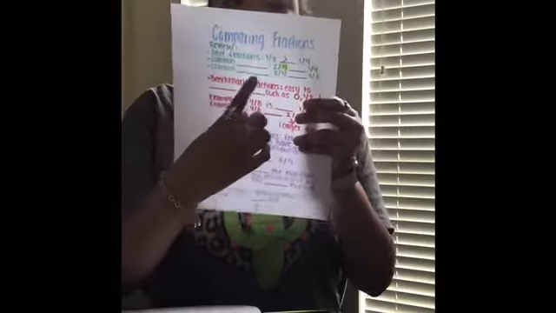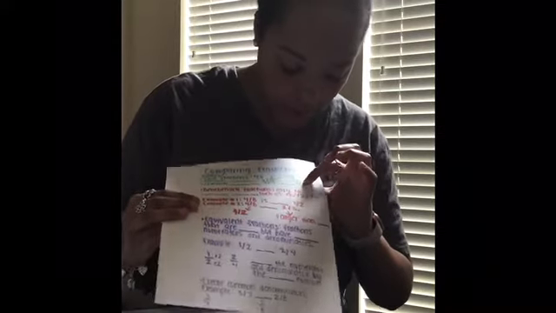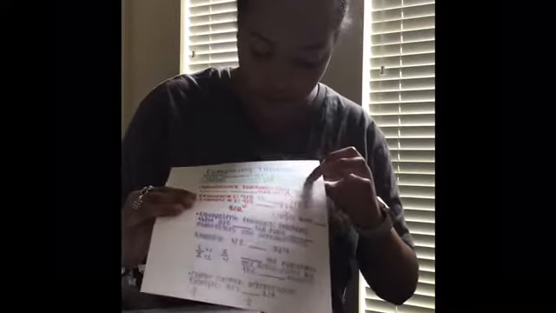Okay, on your notes, the next blank, look at the denominators are the same in that, okay? So in that blank, common denominators, that's what you're going to write in that blank.